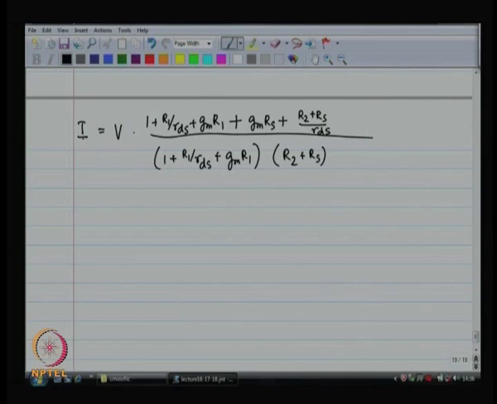Which means that my output resistance is the inverse of this complicated quantity.